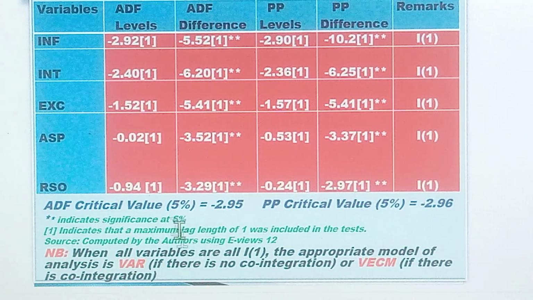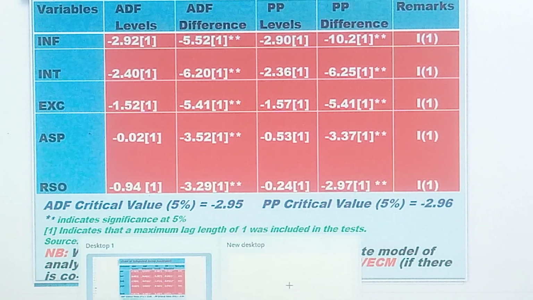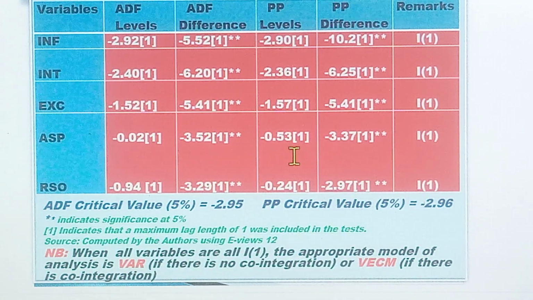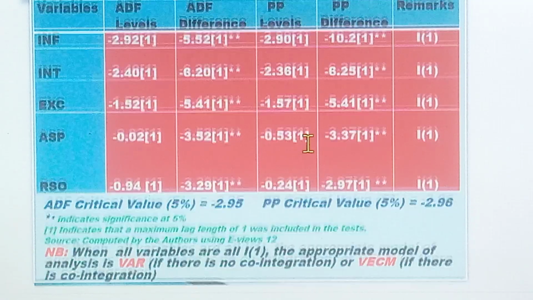However, the general rule is that VAR is used when the variables are I(1) and there is no co-integration, and VECM is used when the variables are I(1) but co-integrated. Now, what if the variables are all I(0)? What happens?